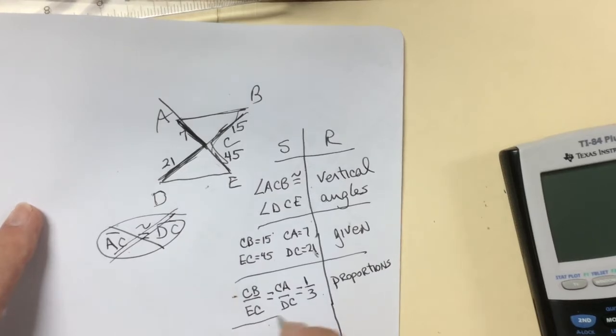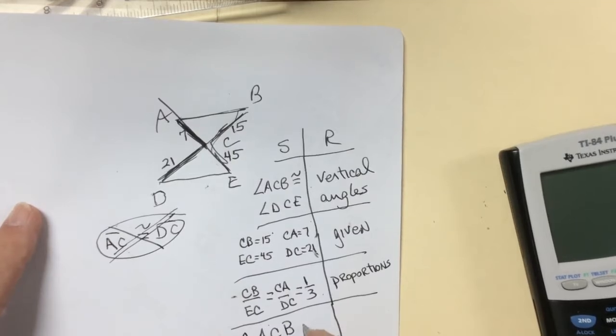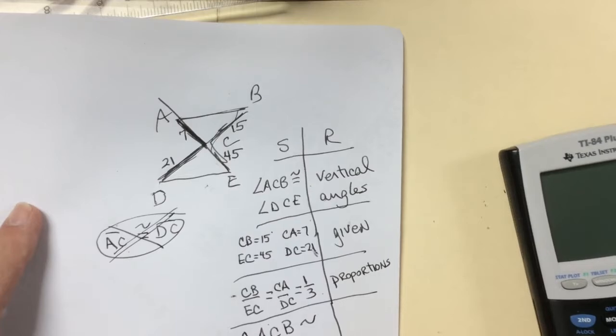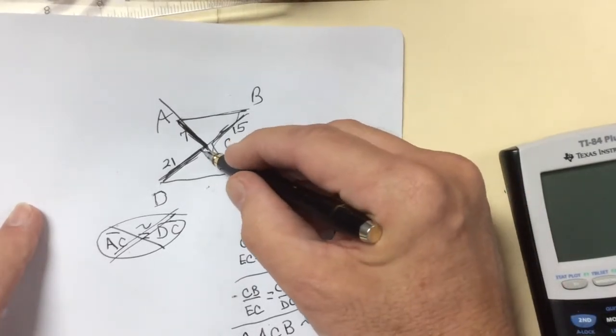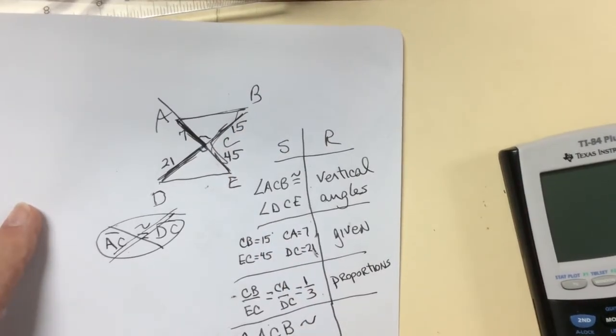And what this says is that if I look at triangle ACB, it's similar to the other triangle that has C, right? The angle C is the congruent one, so we're putting that in the same place in the middle. But now, AC corresponds to what side?